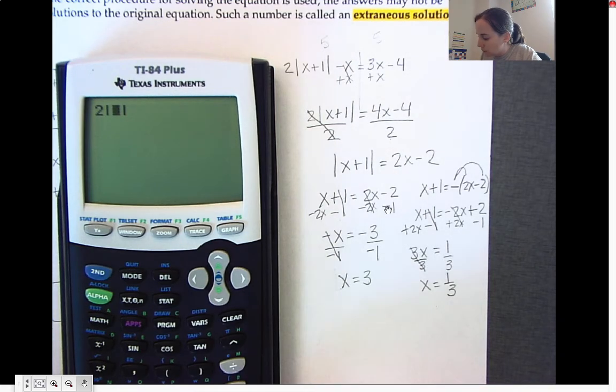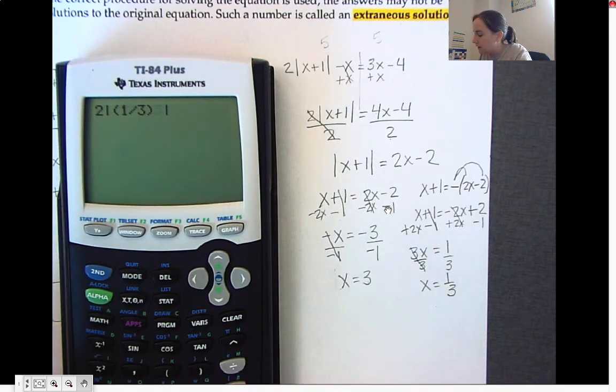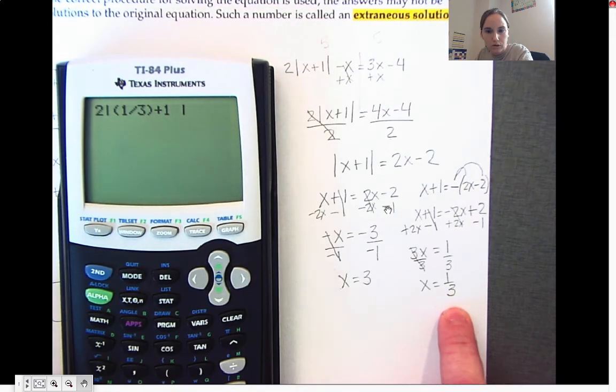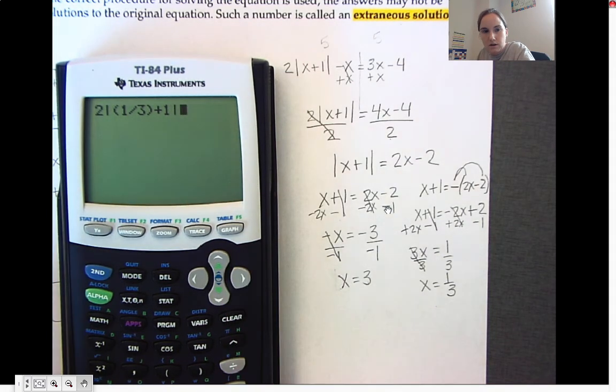We'll go ahead and type in 1/3. I'm going to put it in parentheses. 1 divided by 3, and then plus 1. That's 1/3 plus 1, because x was my 1/3 down here. Arrow over to get outside of the absolute value. Minus, I'm going to go ahead and put 1/3 again in parentheses, 1 divided by 3.